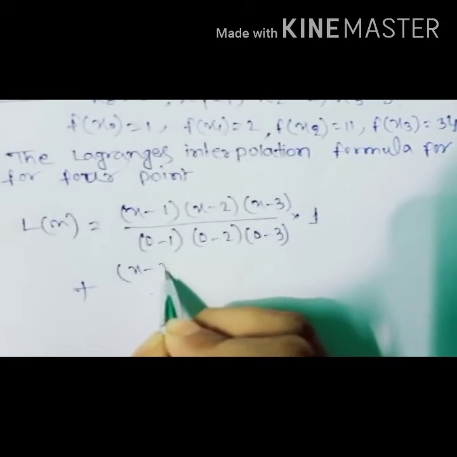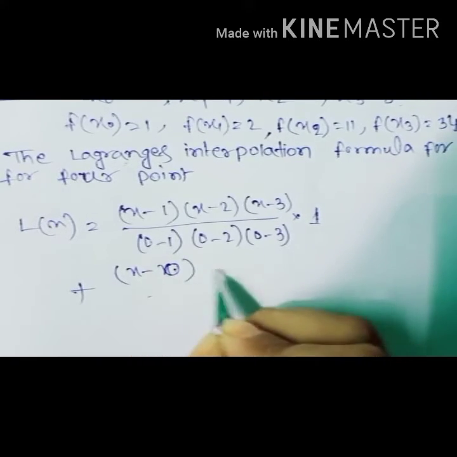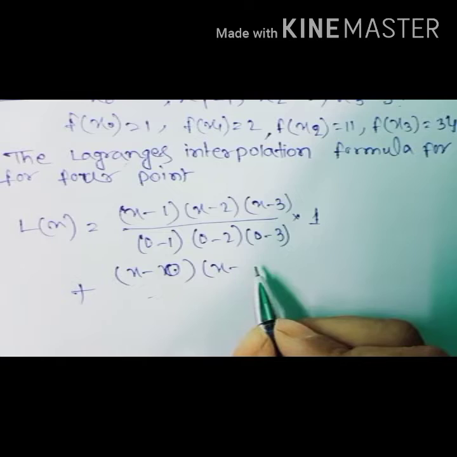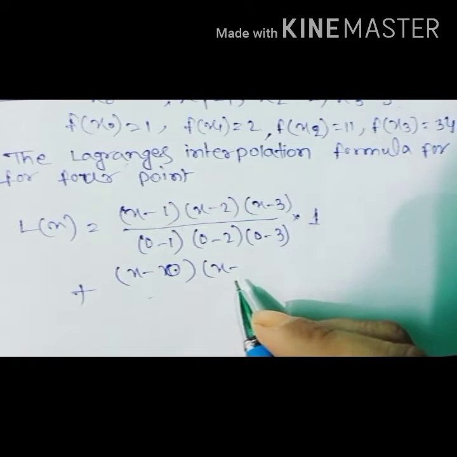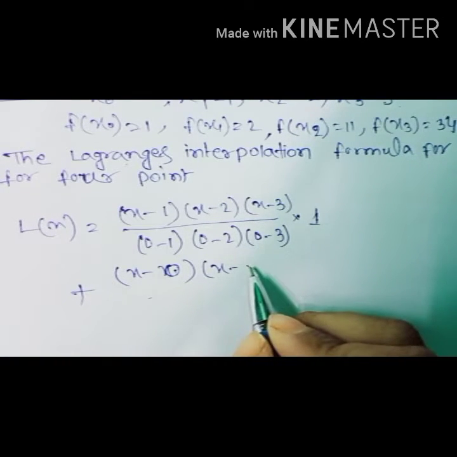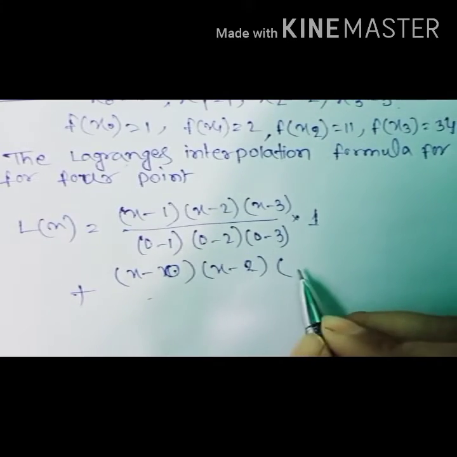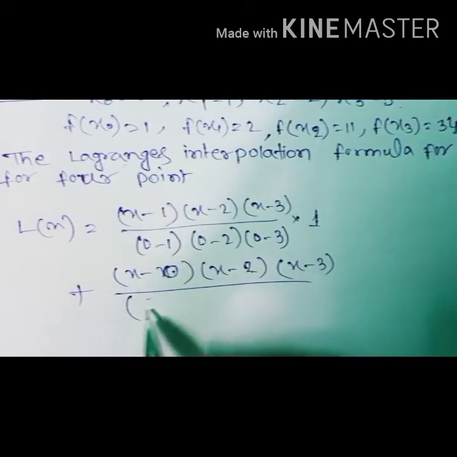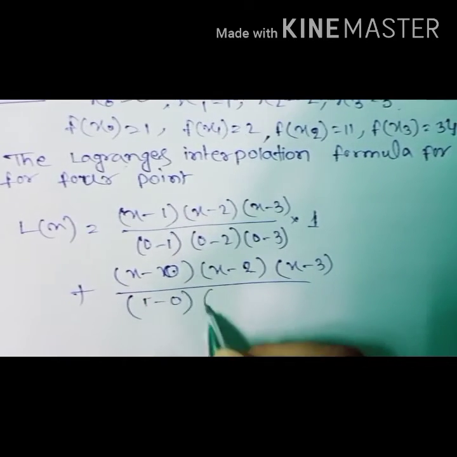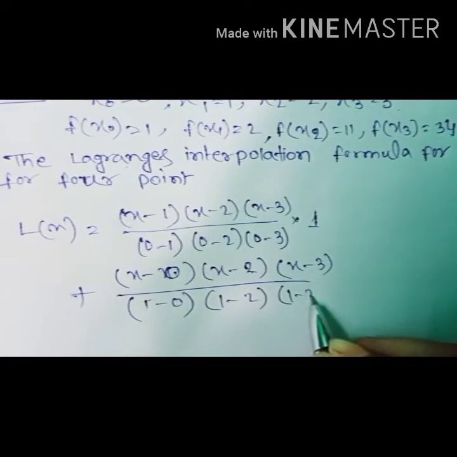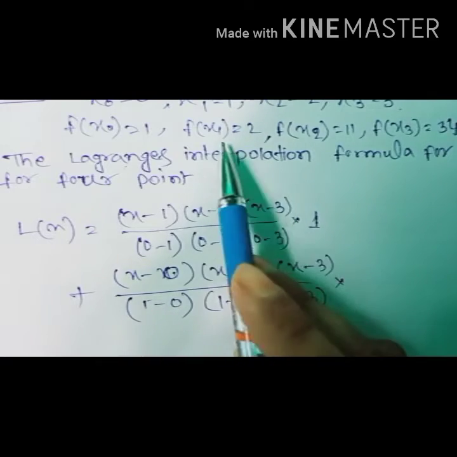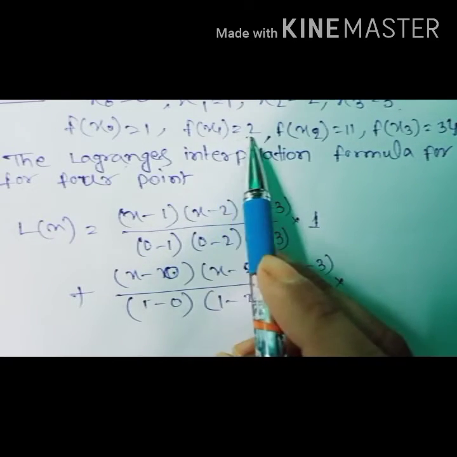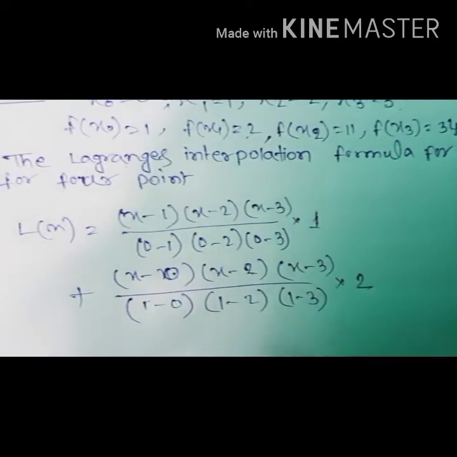Similarly, the second term will be x minus x0, into x minus x2, which is 2, and x minus x3, since I am excluding x1, divided by 1 minus 0, 1 minus 2 and 1 minus 3, into f(x1), which is 2.